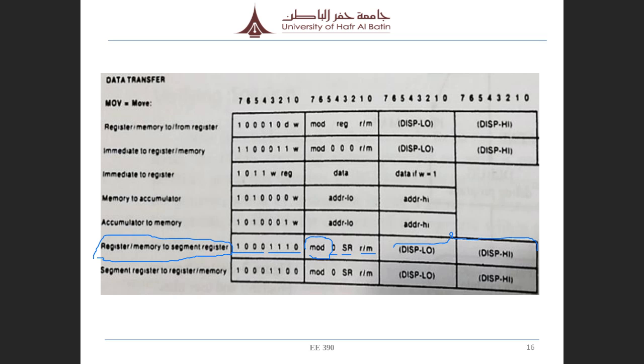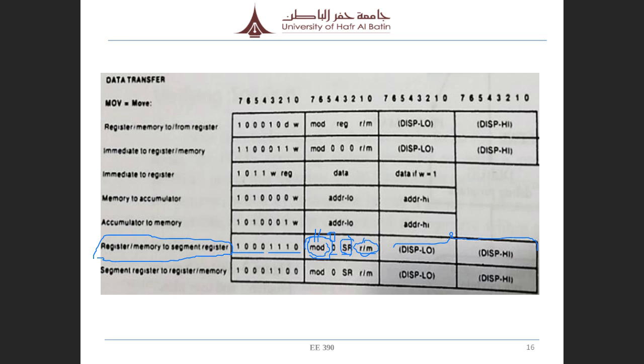Now for the mode, it is a register mode definitely, and for register mode we know it is 1-1. Then this 0 is given. Now it's about the segment register, and then the register or memory.